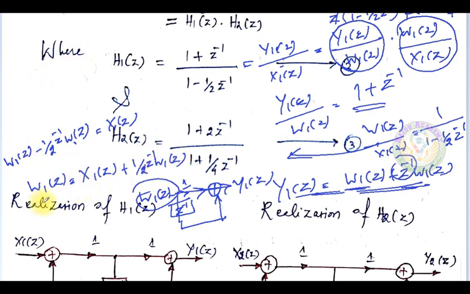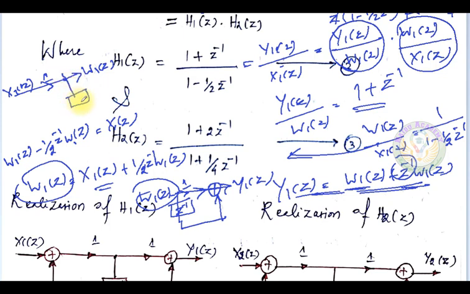Now here w1 of z is the output and x1 of z is the input. So w1 of z, then x1 of z is the input.